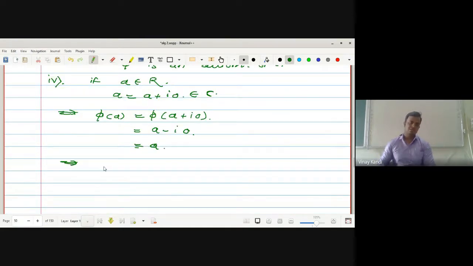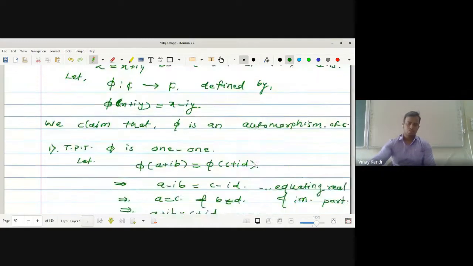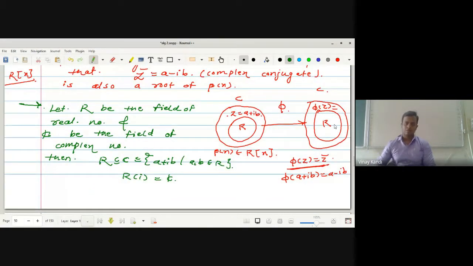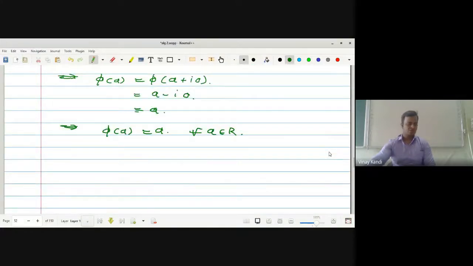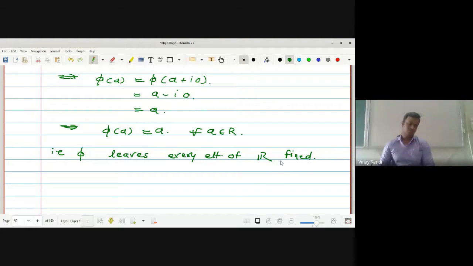Hence phi of A is equal to A for all A belongs to R, the set of real numbers, as there is no imaginary part. That is, phi leaves every element of R fixed.